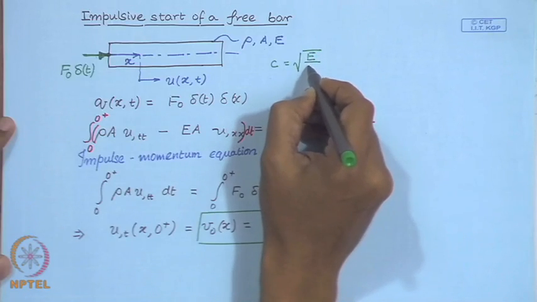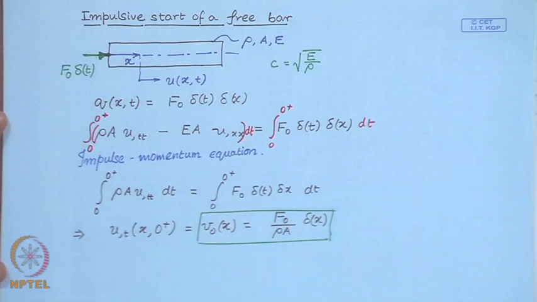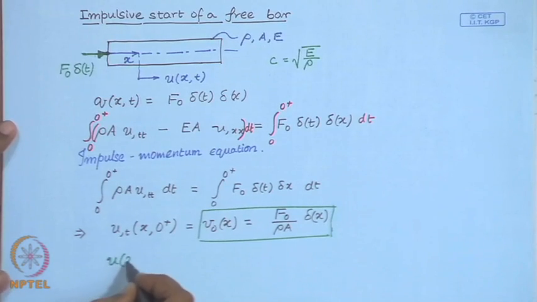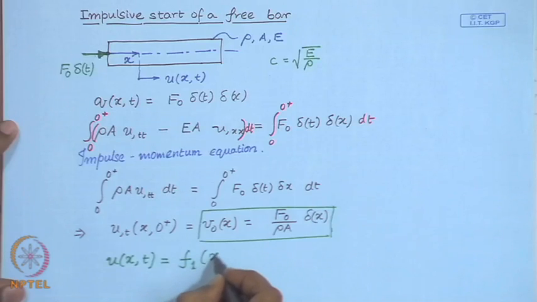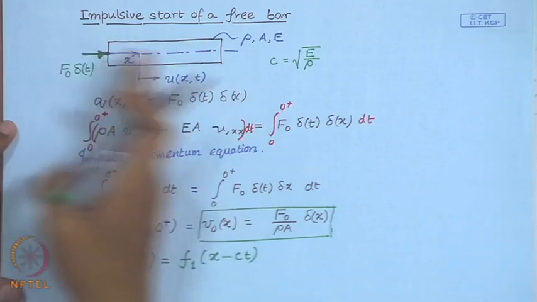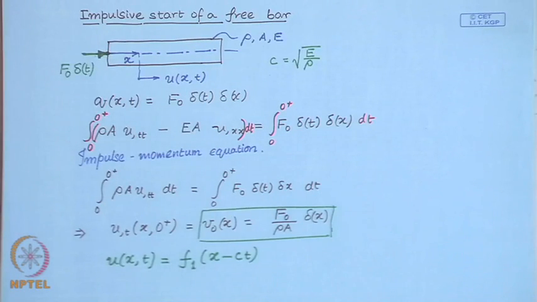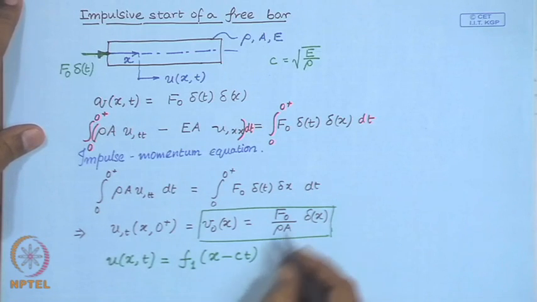That is the speed of propagation of axial waves. The wave field in the bar can therefore be written as f1, a positive travelling wave front in the bar. So, the axial displacement of the bar is guided by this propagating wave front. Now, we will apply this initial condition.